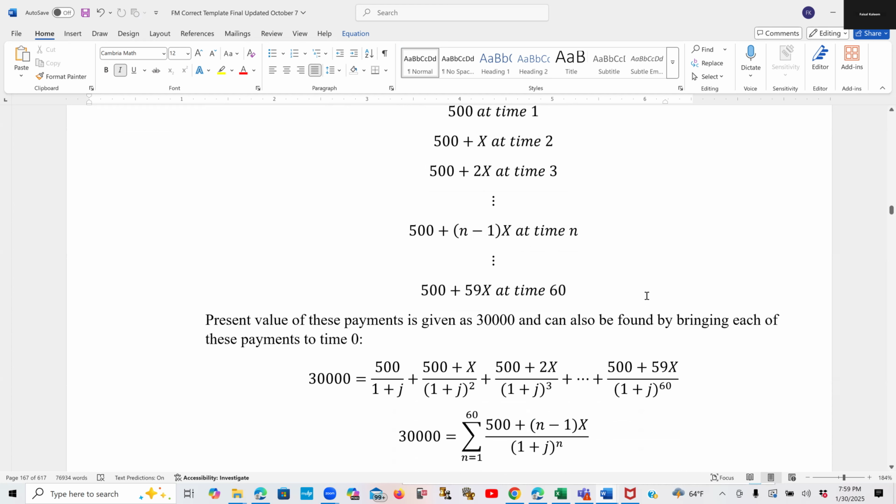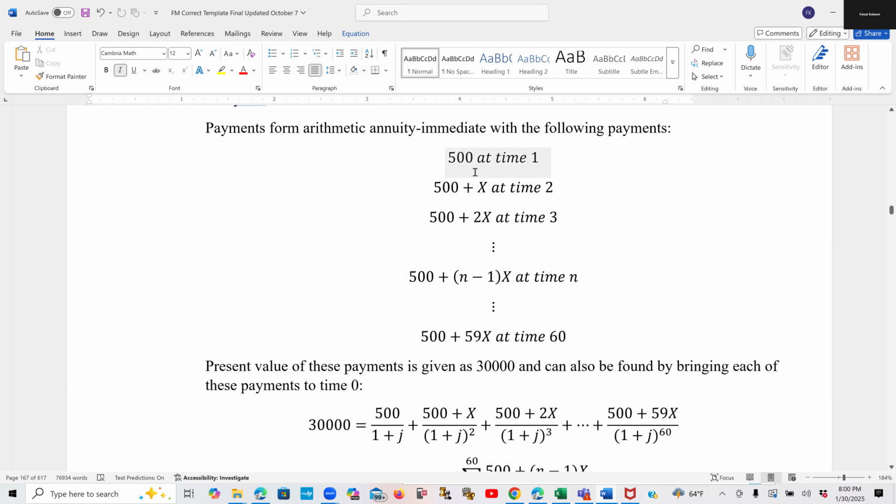So the present value of these payments should be equal to the present value of the loan, which is 30,000. So 30,000 equals present value of the first one. The first one happens at time 1, so its present value would be 500 divided by (1 + j)^1. Second one happens at time 2, so its present value is (500 + X) over (1 + j)^2, and so on.